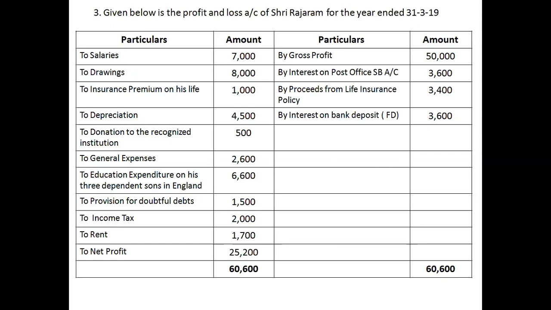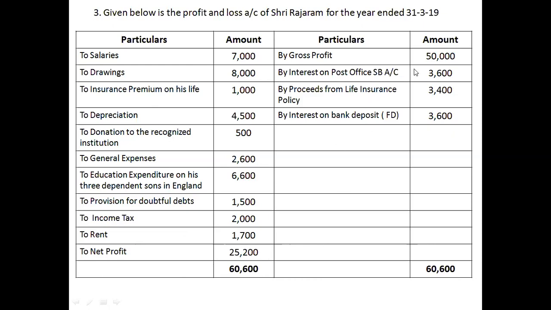On the debit side: salary 7,000 rupees, drawings 8,000 rupees, insurance premium on his life 1,000 rupees, depreciation 4,500, donation to recognized institution 500, general expenses 2,600, educational expenditure on his three dependent sons 6,600, provisions for doubtful debts 1,500, income tax 2,000 rupees, rent 1,700, net profit 25,200.